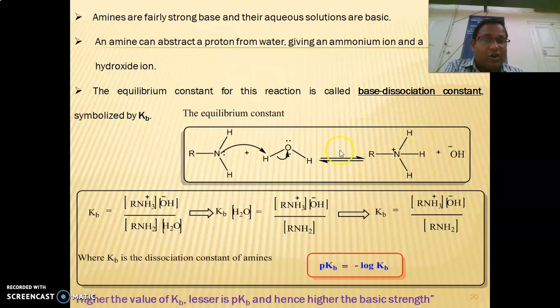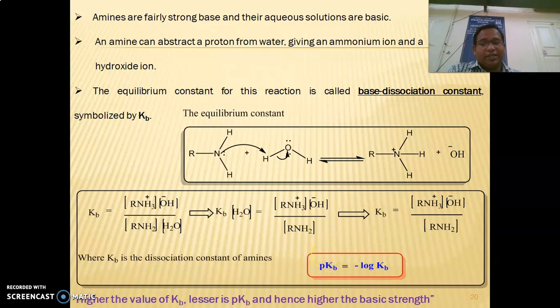This is the conjugate acid of the amine. The more stable it is, the more is the basicity; the less stable it is, the less is the basicity of the compound. Here pKb is equal to the negative logarithm of Kb. The higher the value of Kb, the lower is the pKb value and the higher is the basicity of the compound. This concept is very important in order to understand the basicity of the compound.